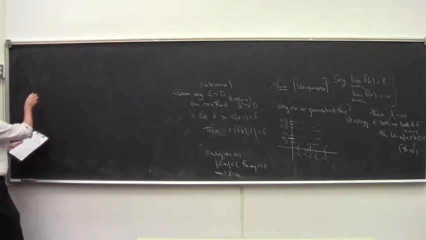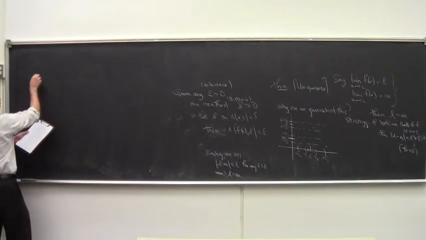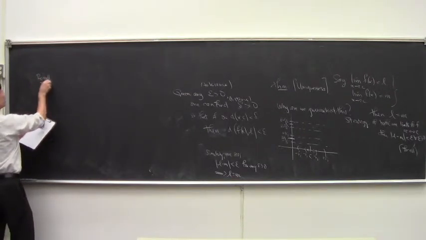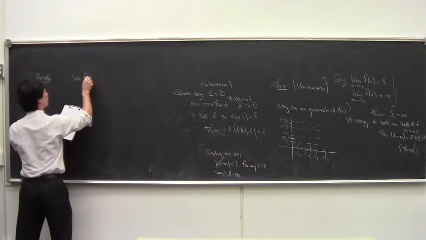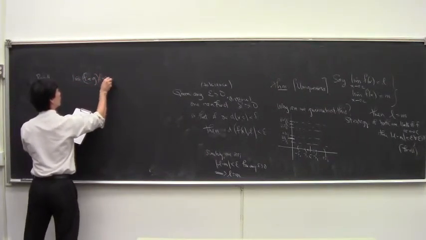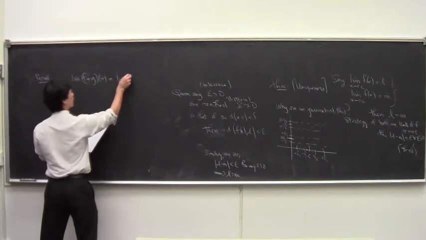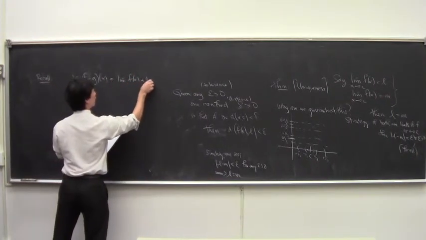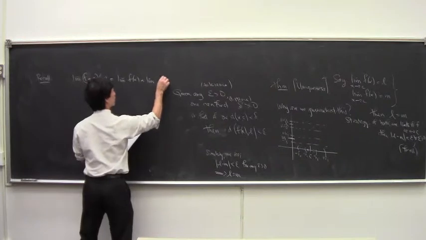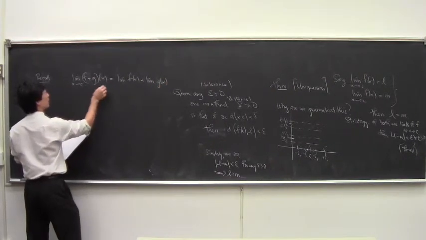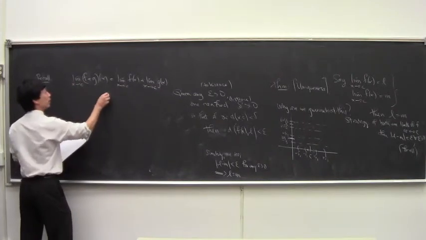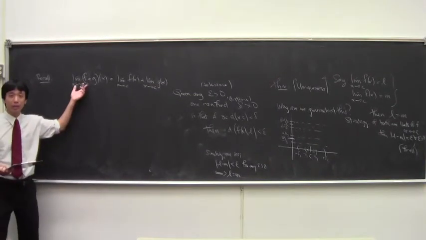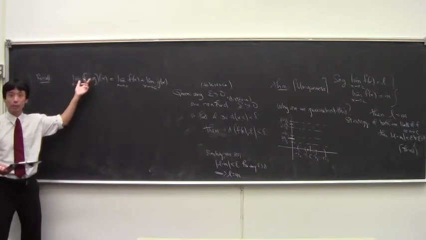Okay. So let's go backwards. So remember, right, the other things we showed, that the limit of the sum is the sum of the limits, right? As x approaches c, et cetera, right? The limit of the product is the product of the limits. The limit of the quotient is the quotient of the limits, et cetera.